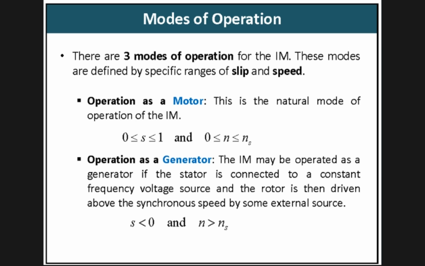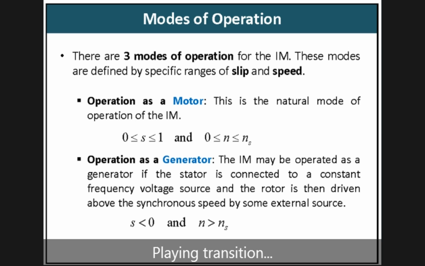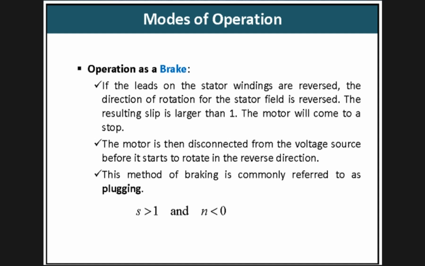And the last mode is operation as a brake. If the leads on the stator windings are reversed, the direction of rotation for the stator field is reversed. The resulting slip is larger than 1.